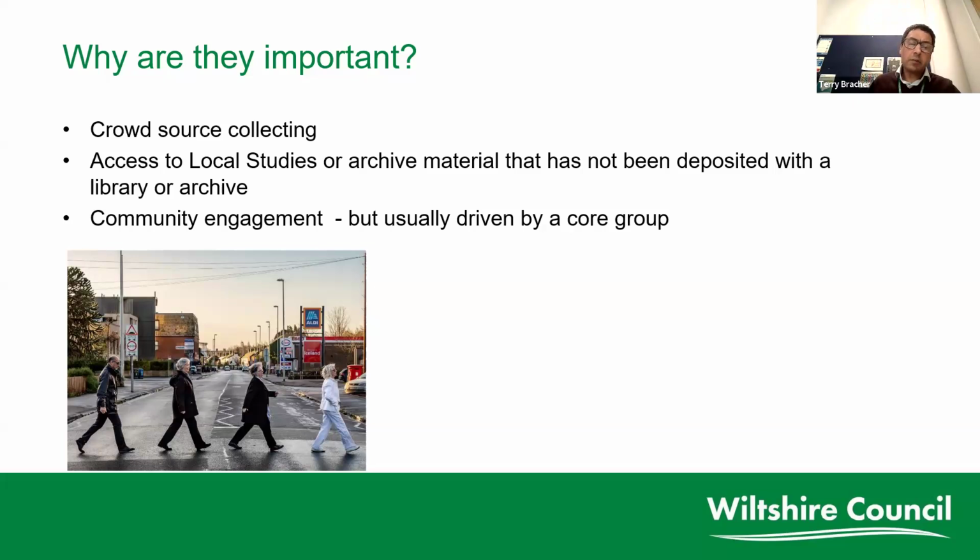And in terms of community engagement, it's often driven by a core group. This is a nice picture of the Histon Community Archive Group on Histon Road in Cambridge. They are the ones who perhaps have a greater insight and a way to get into the local communities far more than local studies librarians can. So it's a really good way of reaching more of the community.